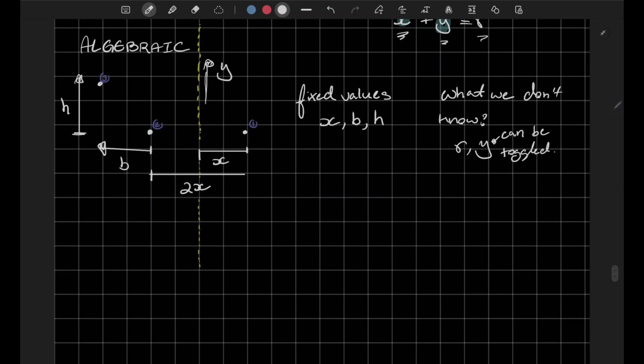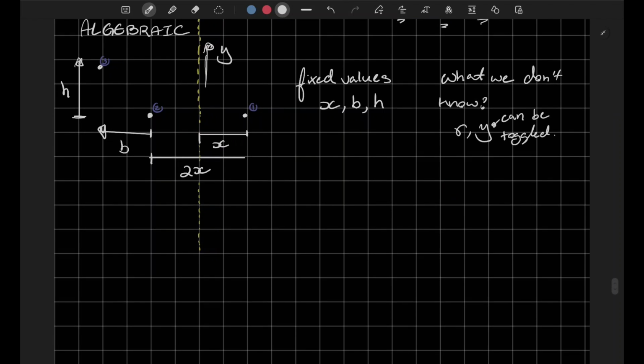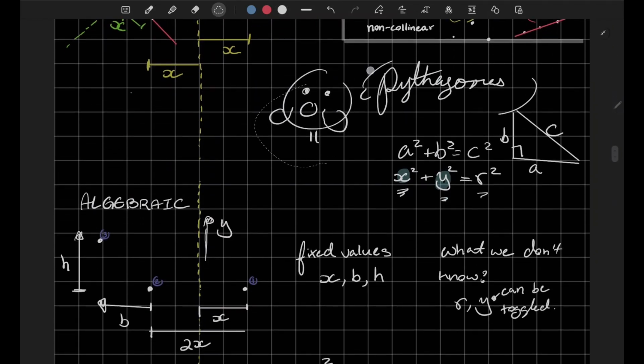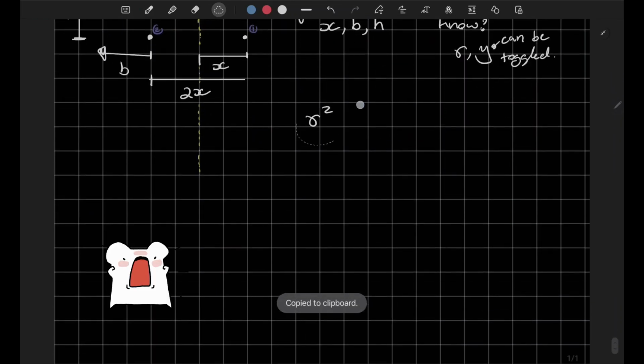So we're going to toggle it and see if it's possible for us to get our r. You're going to see what I mean in a second. I just have to write down the actual equations. So for r, we'll call it Pythagoras again. Pythagoras!